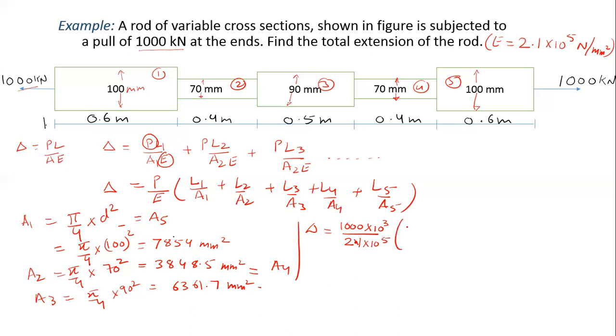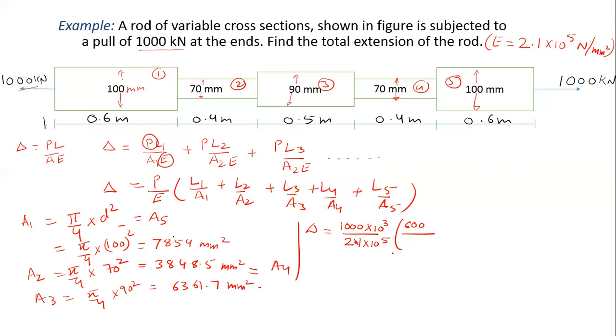So L1 upon A1. L1 is 0.6 meter. We'll convert this into mm because we are taking all the dimensions in Newton and mm. So 0.6 meter means 600 mm upon A1.